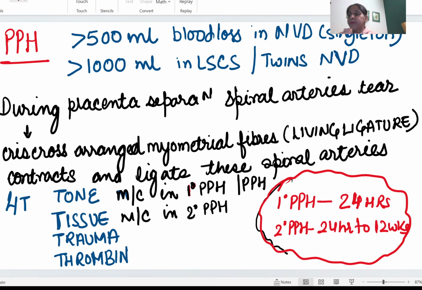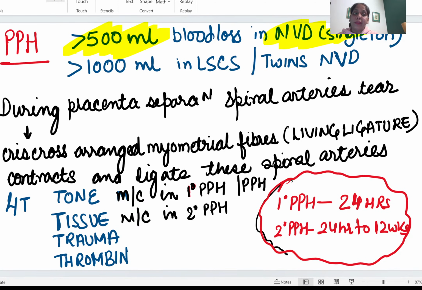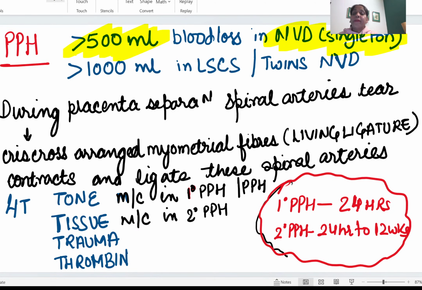What is the definition? As we studied just now, the spiral arteries tear during placenta separation, so some amount of blood loss is normal. But if this blood loss is more than 500 ml in a normal delivery with a singleton pregnancy, then it is PPH.